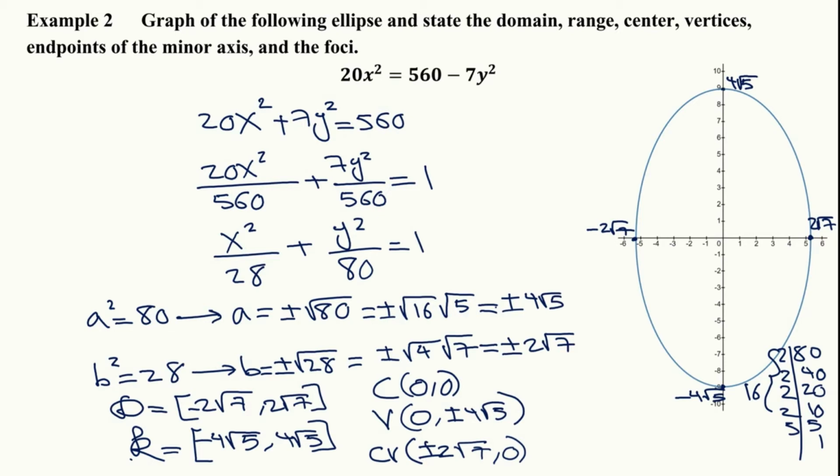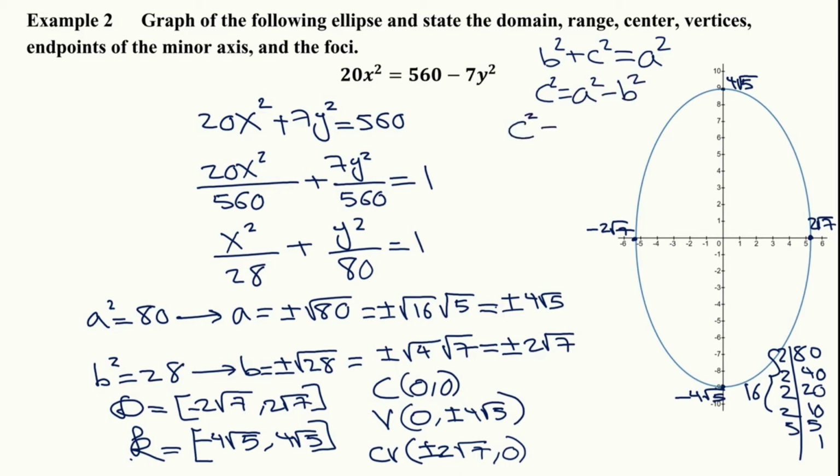So we need to find c. The one I like to remember, which is easier for me, is b squared plus c squared equals a squared. Okay, because that one I can easily solve for other variables as I need. So here I want c, so I get c squared equals a squared minus b squared.